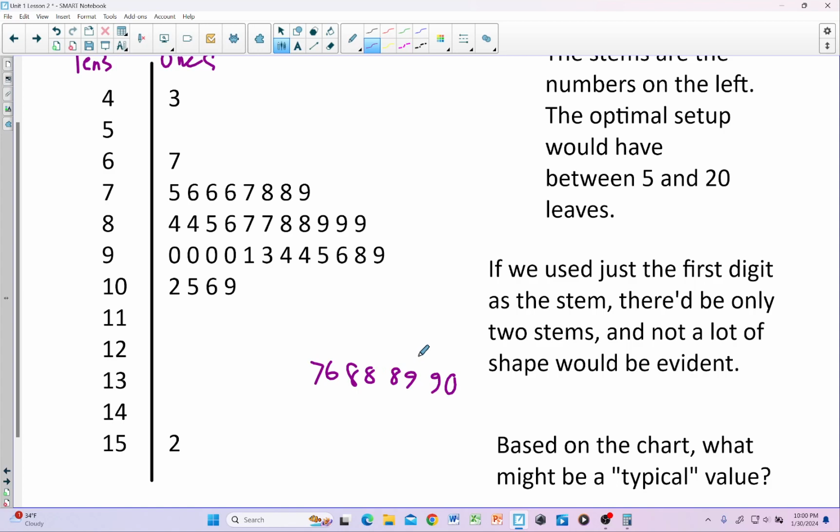So if you want to know what a typical range is going to be, I might say something like 76 to 90. You could even say 84 to 90. You could say 76 to 99. All of these numbers are defendable as what we would call a typical range, or some other combination thereof.